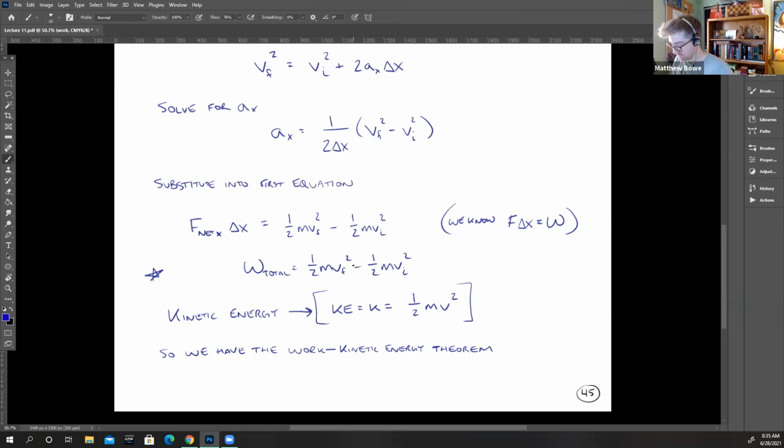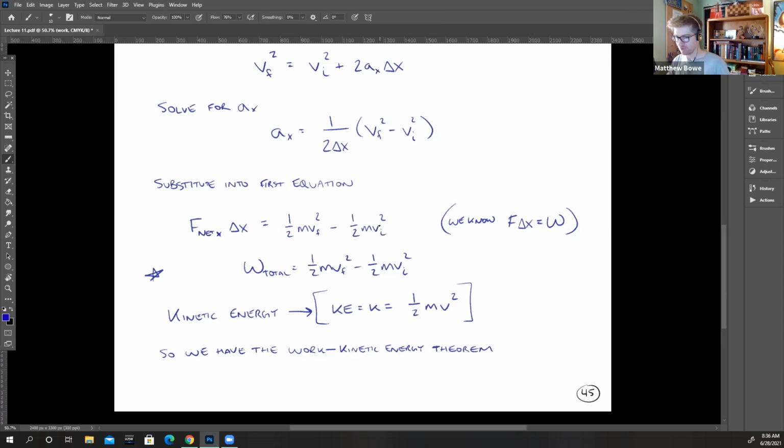So for an object, you expect it to have the same mass as it moves from one place to another. So the mass you may expect to remain constant. That's not always the case. For a rocket, or even in the most technical case, a car, it's going to be using its fuel while it moves.